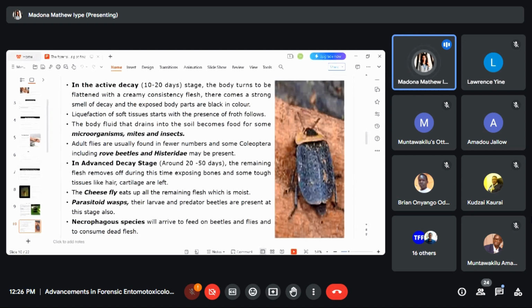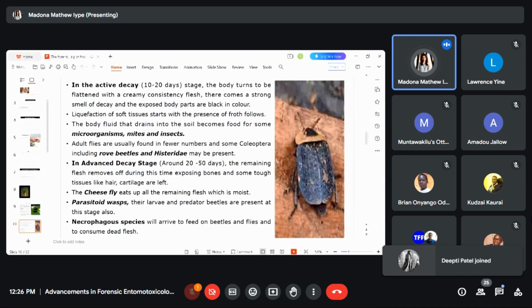Now, what we saw in the bloating stage, the body is all swollen up, all bloated. Now the gases that were trying to find a way to escape the body have found one: the stomach has burst, and all the gases came outside the body.